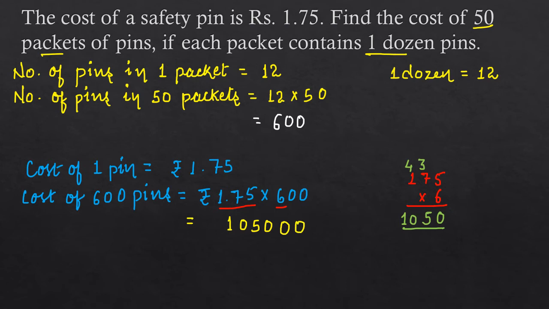But in this question, it's not 175, it is 1.75. So you can see two digits are there after this point. So what we will do, we will put point after two places from the right side. So 1 and 2 and then put point here. So it will make it rupees 1050, because after point there are two zeros. These two zeros are of no value.